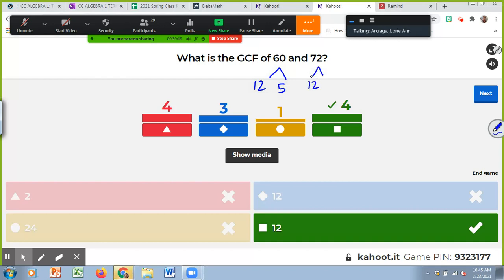This is 12 times 6, right? And since 5 and 6 don't have anything in common anymore, then 12 is the answer. There's two 12s? Yeah, I did not even see that.